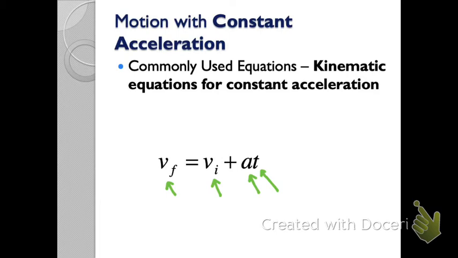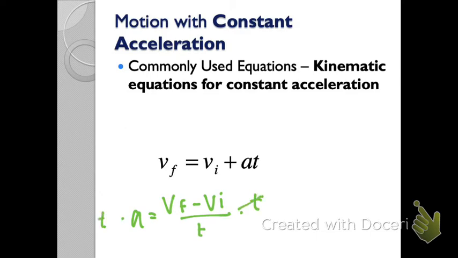Now, I want to show you just one thing real quick here, okay? Look at the equation. You don't need to write this part down, but I just want you to see it. The equation we just had for acceleration was VF minus VI over T, okay? If I manipulate this equation, multiply by T, then I would be left with A times T equals VF minus VI.